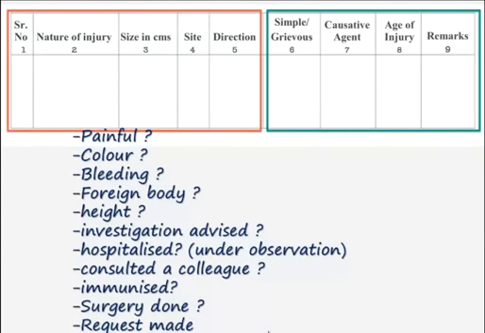Hospitalized or not: suppose a patient has received a blow on the back and is immediately rushed to the emergency room. On examination, you don't find anything at that moment. So you are suspicious; the patient is either lying or maybe telling the truth. To find out the truth, don't inform the patient.